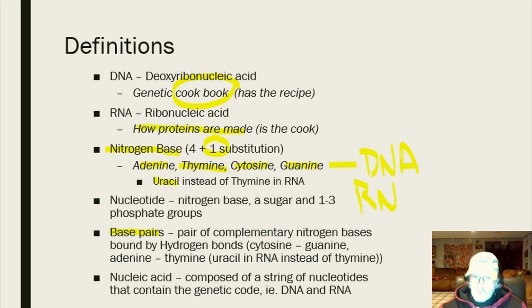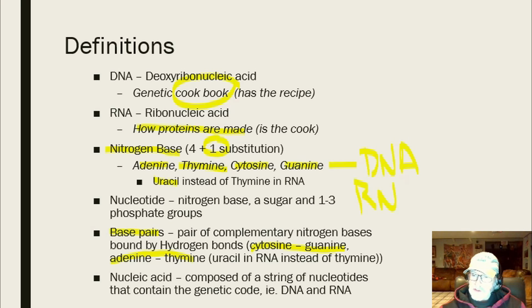On one strand is a nitrogen base or nucleotide, and attached to the other strand is another nucleotide or nitrogen base, and they're bonded together in the middle by hydrogen bonds. We always know that cytosine on one strand will always bond with guanine on the other strand. Adenine on one strand will always bind with thymine on the opposite strand.